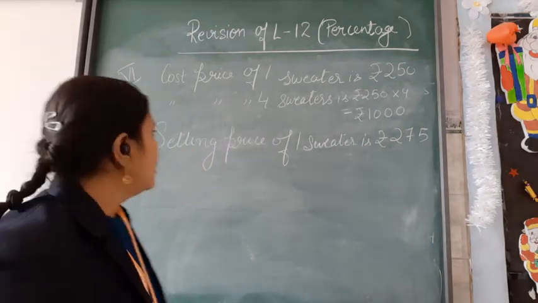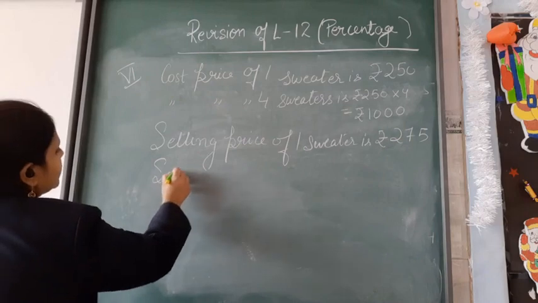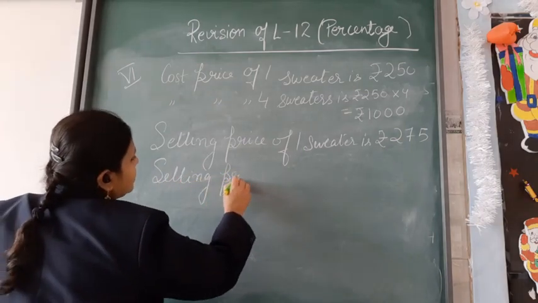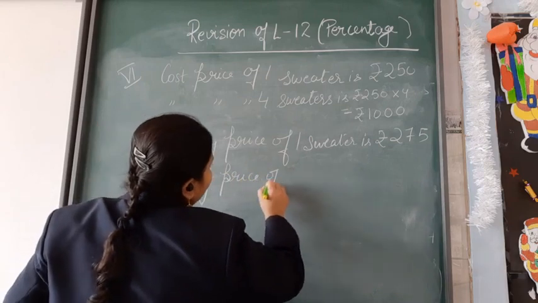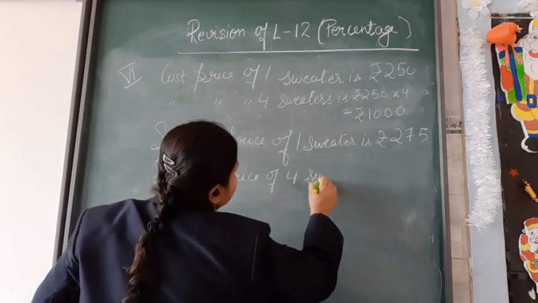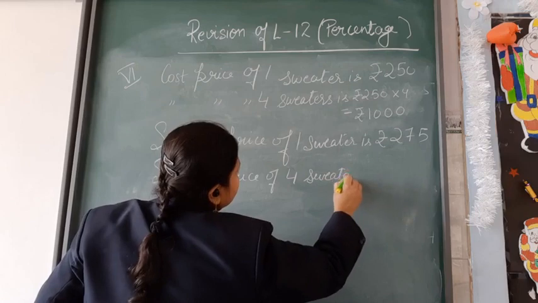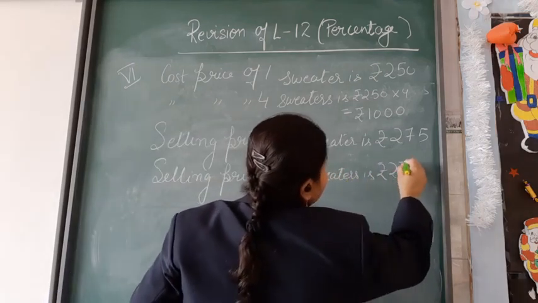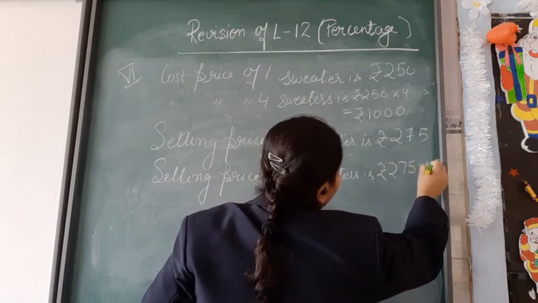So now you will find out the selling price of 4 sweaters, right? The selling price of 4 sweaters is rupees 275 multiplied by 4.